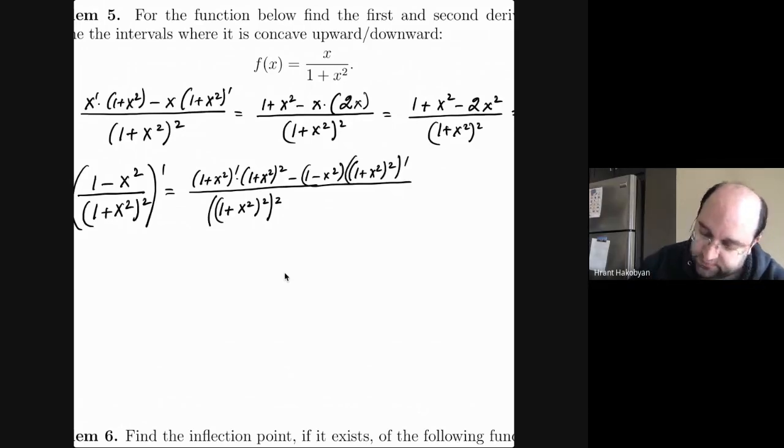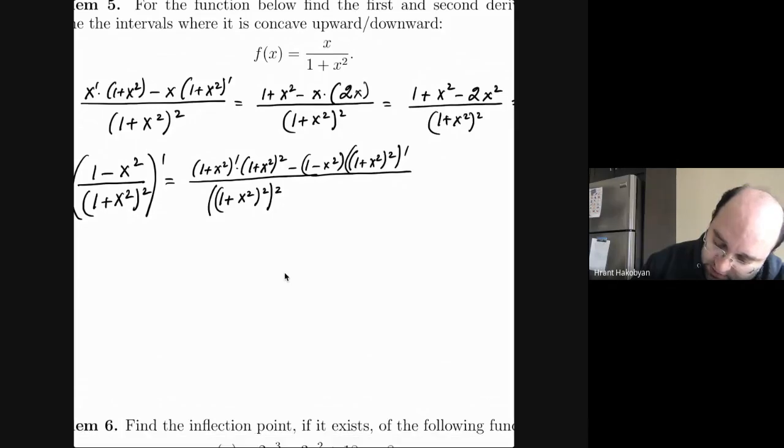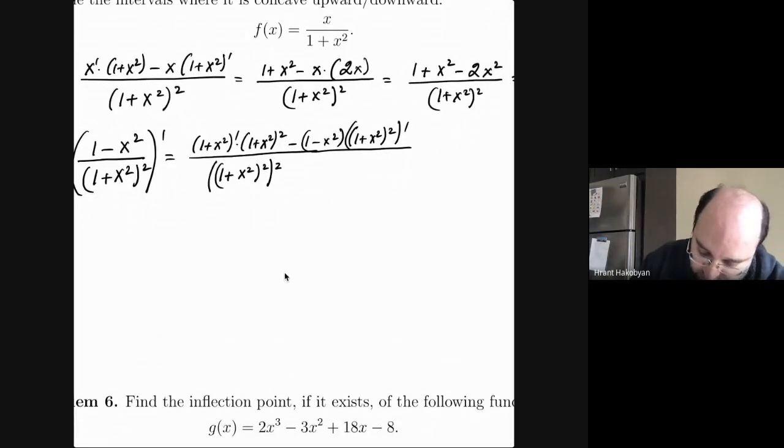Okay, so let's simplify this a little. On the top, 1 plus x squared prime is just 2x, times 1 plus x squared squared, minus 1 minus x squared.